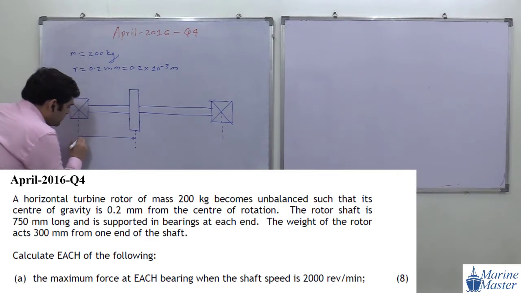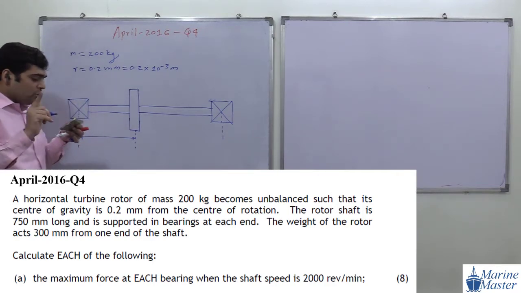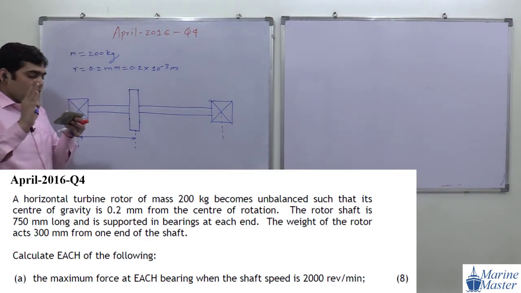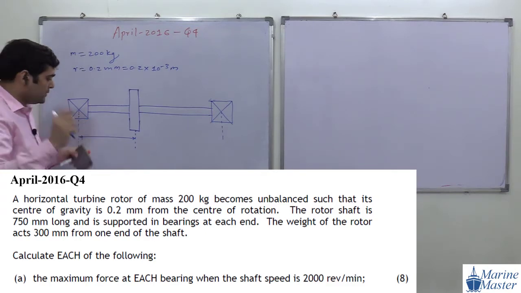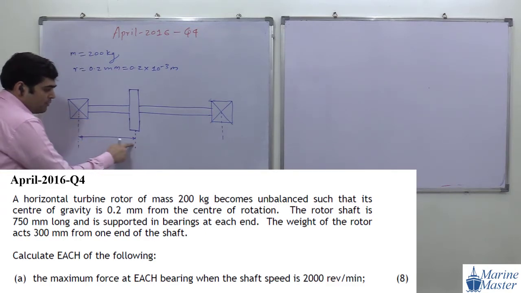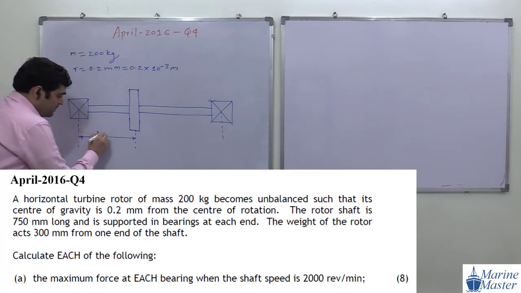The weight of the rotor acts 300 mm from one end. 300 mm means 0.3 meter.